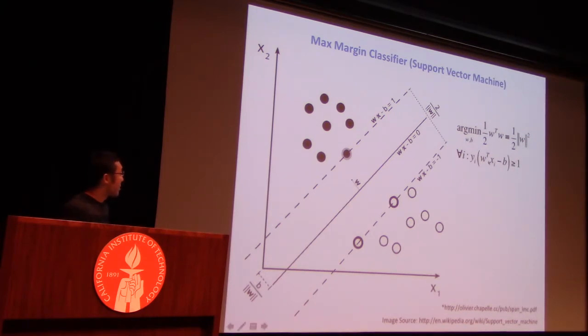The minimum possible distance of any data point to the hyperplane is 1 over the norm of W, because the distance of a point to a hyperplane is this divided by the norm of W. And since we're enforcing this to be at least 1, the closest possible point to the hyperplane has distance 1 over the norm of W, which means the actual gap between this margin from the, let's say, positive examples, and this margin, which separates the hyperplane from the negative examples, is equal to 2 over the norm of W.